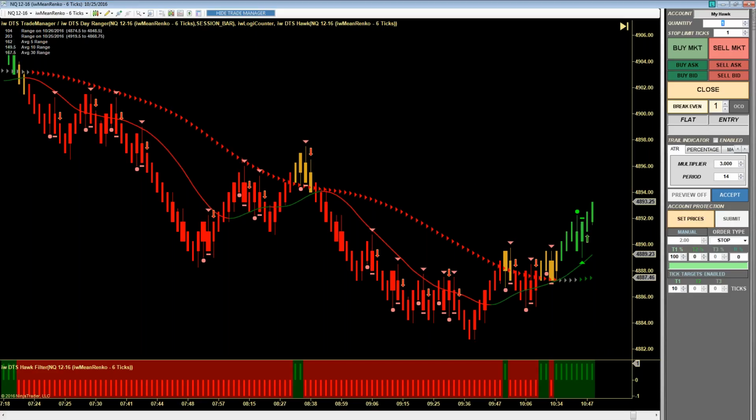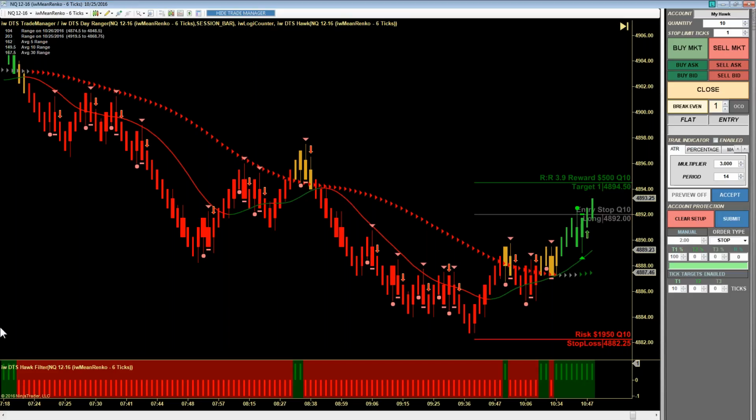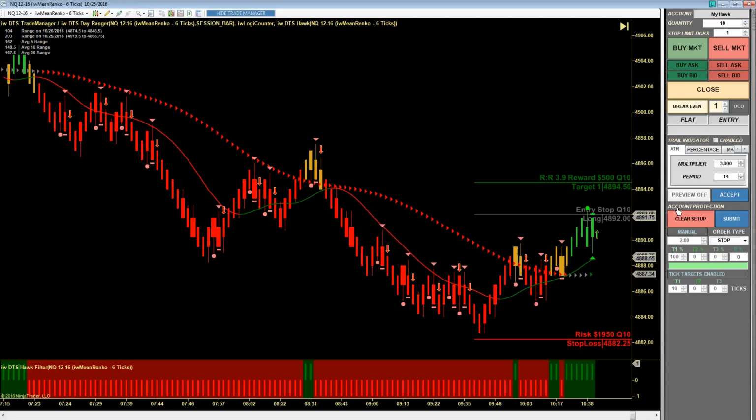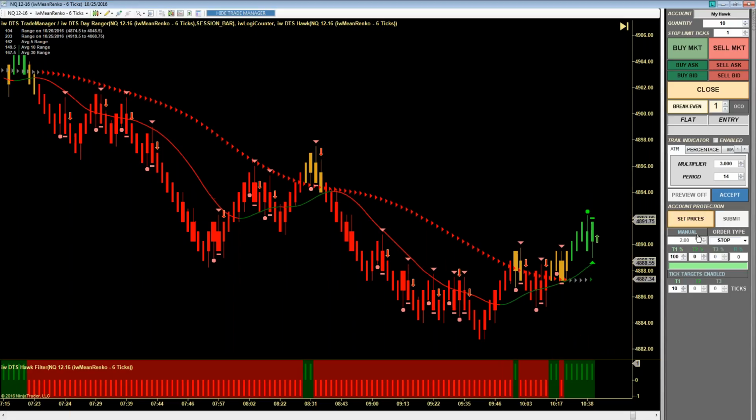If you always want to trade 10 contracts, in manual mode, you will always get 10 contracts. The risk percent mode caps your risk at whatever this value is. Currently, I've capped my risk at 2% of my capital. So no matter where I place my stop, my risk amount will not change. It's kept at a constant 2%.